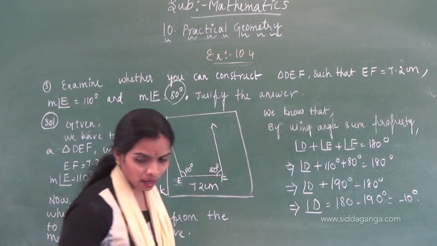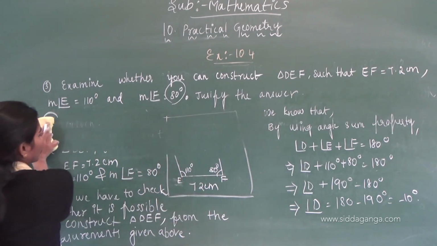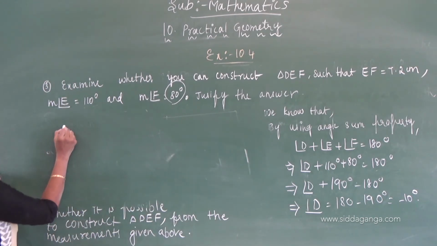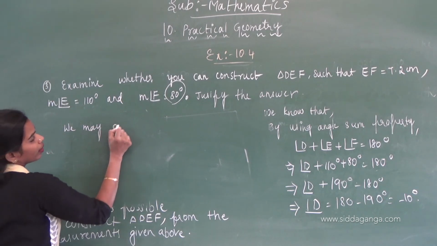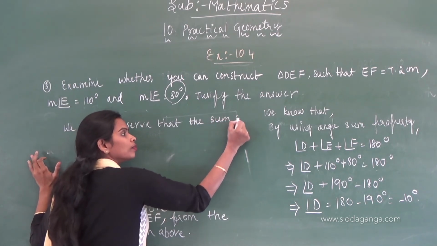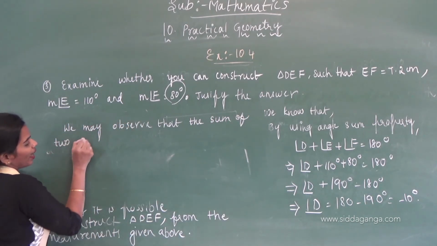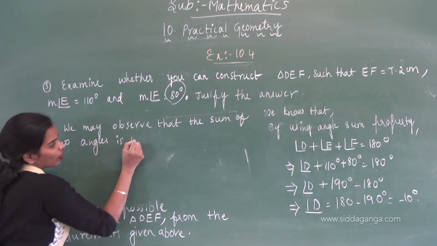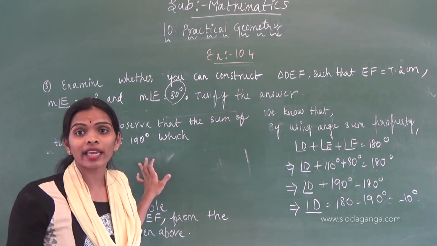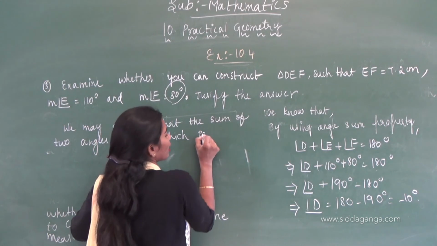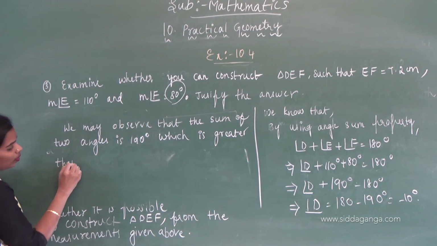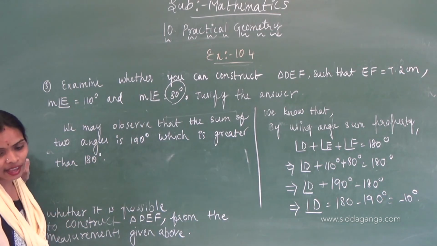We may observe that the sum of two angles is 190 degrees, which is greater than 180 degrees.